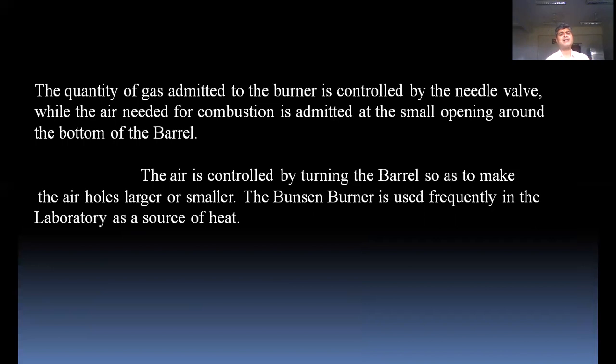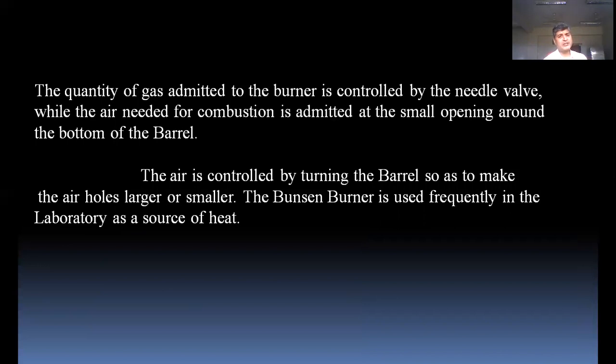The quantity of gas admitted to the burner is controlled by the needle valve, or we can say the knob, while the air needed for combustion is admitted to the burner at the small opening around the bottom of the barrel.